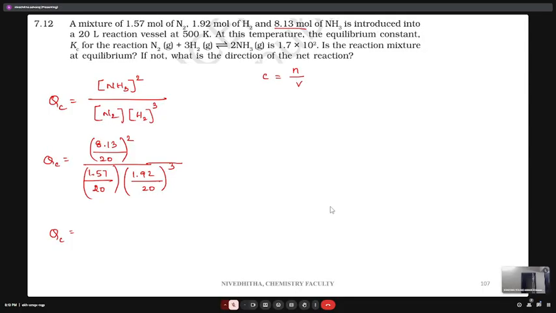Simplify this and please tell me the value of QC, Kana. Value of QC.